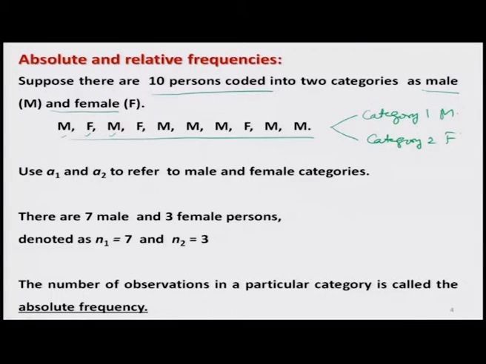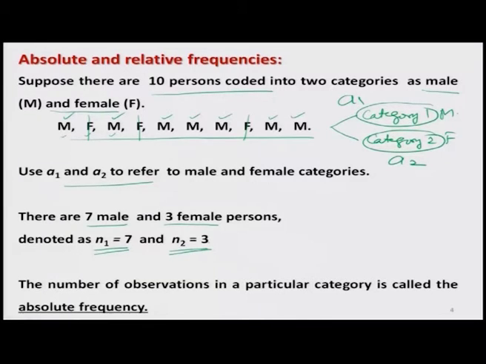So, we denote category 1 by A1 and category 2 by A2, right. Now we count: 1, 2, 3, 4, 5, 6, 7. So, there are 7 males and there are 1, 2 and 3 females. So, I can denote the number of males and females by N1 and N2. So, N1 becomes 7 and N2 becomes 3, right. So, these numbers are actually the absolute frequencies.